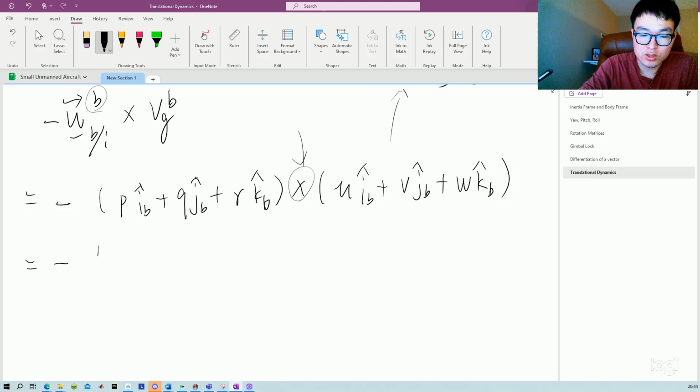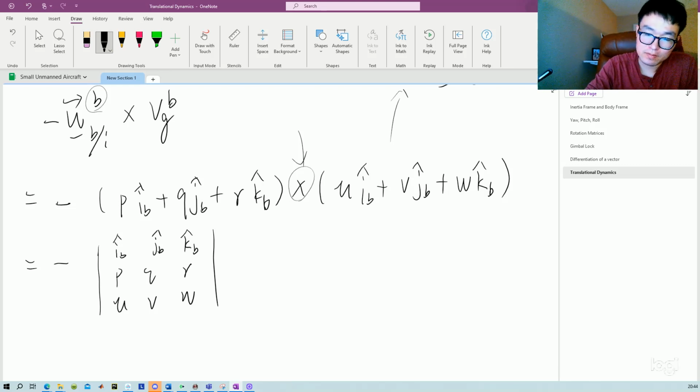You write it in a sort of matrix format like that, with P, Q, R, then U, V, W, and then what we usually do is apply a cross like that.